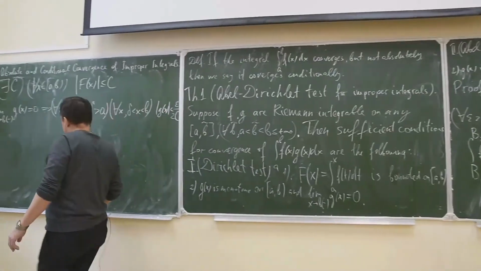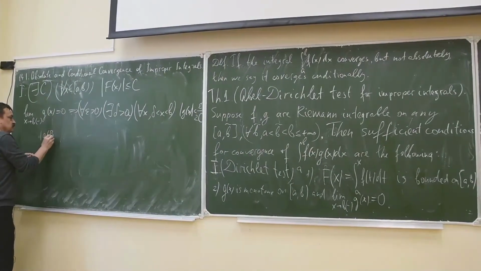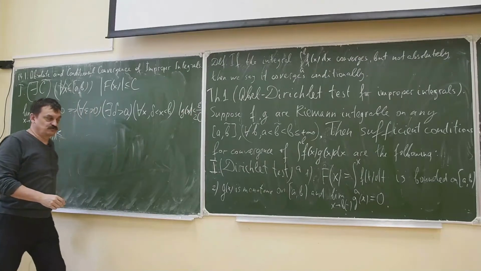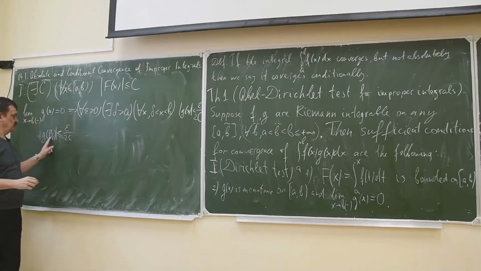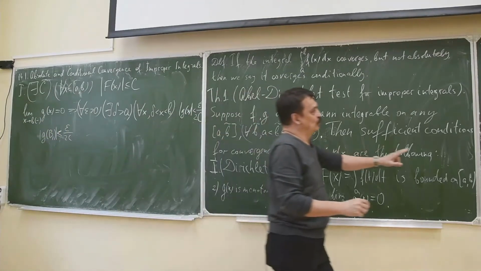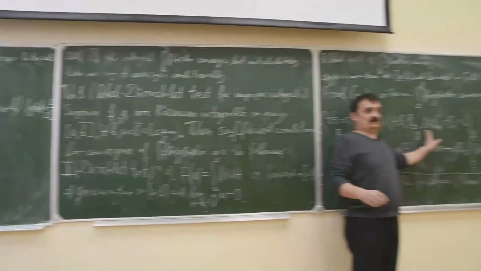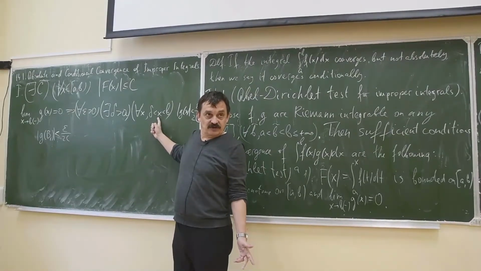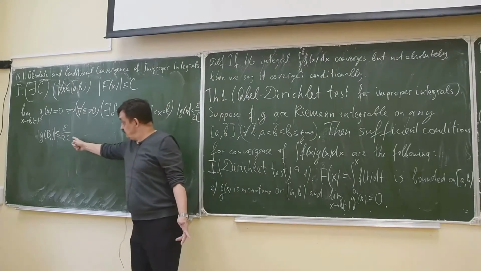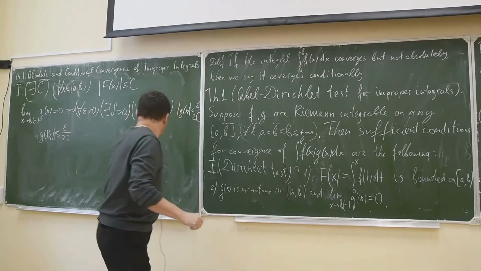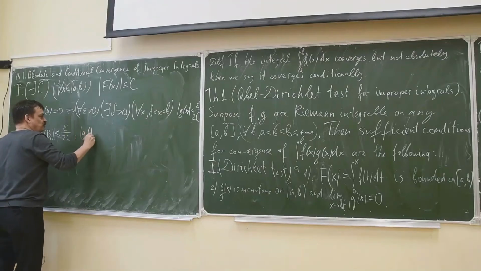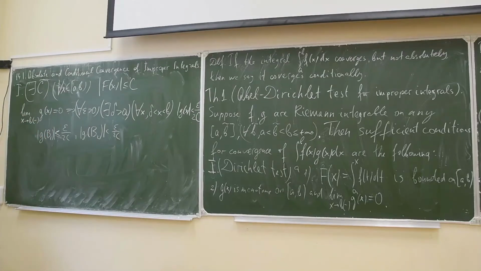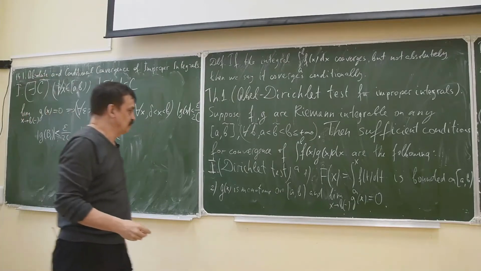G of B1 is strictly less than epsilon over 2c. Why? Because what we supposed? We supposed B1 greater than delta. So it works, right? Instead of x, we take B1. G of B1 is less than epsilon over 2c. Also, G of B2 is less than epsilon over 2c as well, right? And so, what did I use?